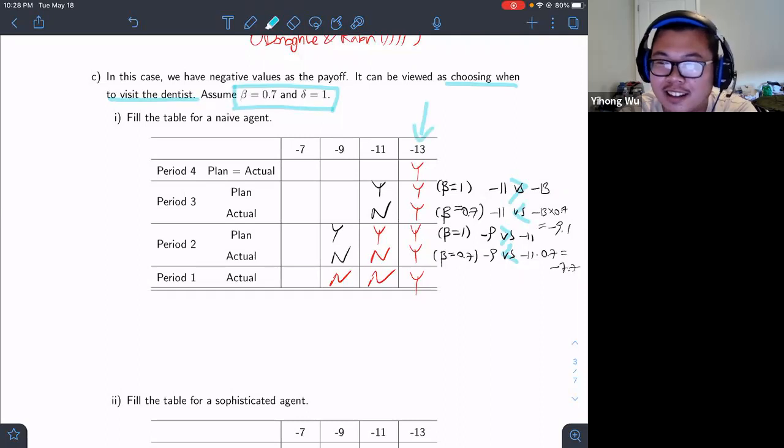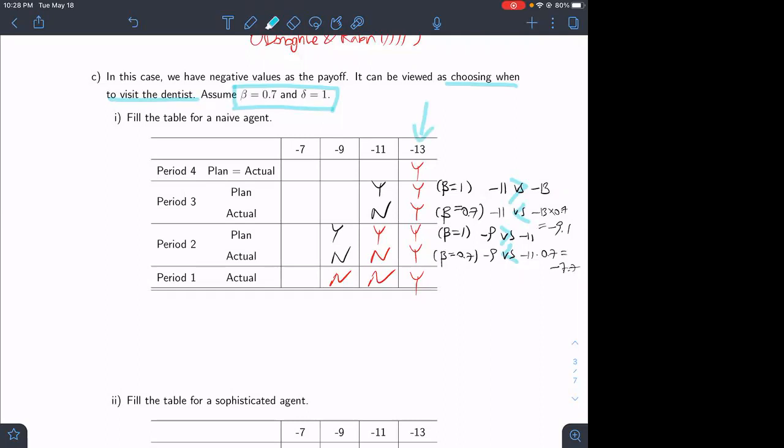Because this is a naive agent, he's thinking like he's choosing the best option available in the future. But this is a negative value, so the best one happens near to now. So the naive agent will be comparing -9 with -11.